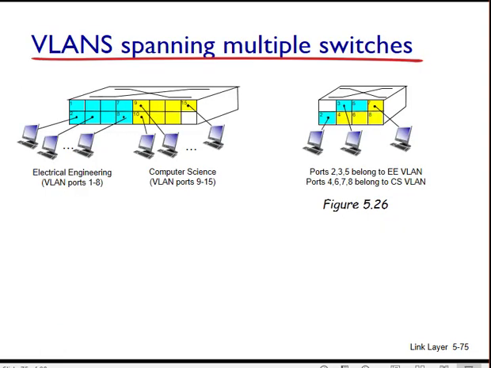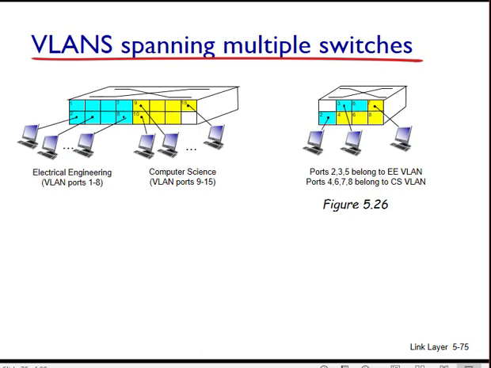Considering the Figure 5.15 we were just looking at a few slides ago, let's suppose that rather than having a separate computer engineering department, some of the electrical engineering and computer science faculty are housed in a separate building where they need network access, and they should be part of their department's VLAN.